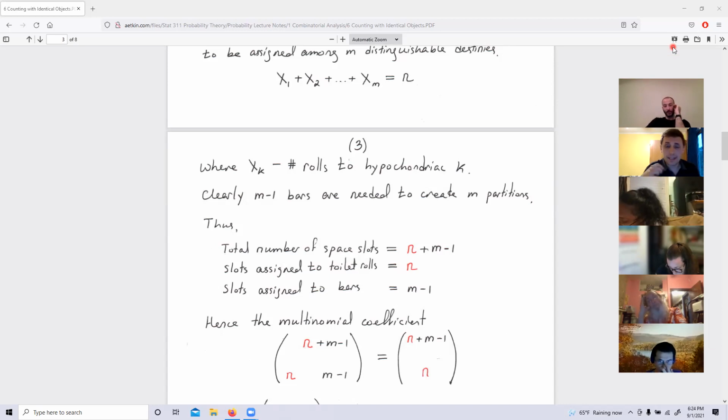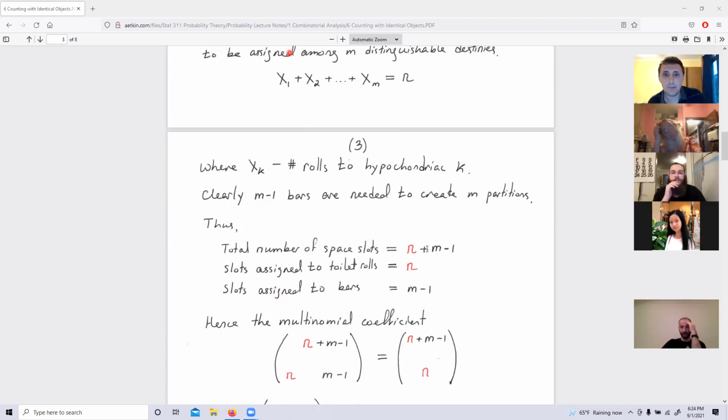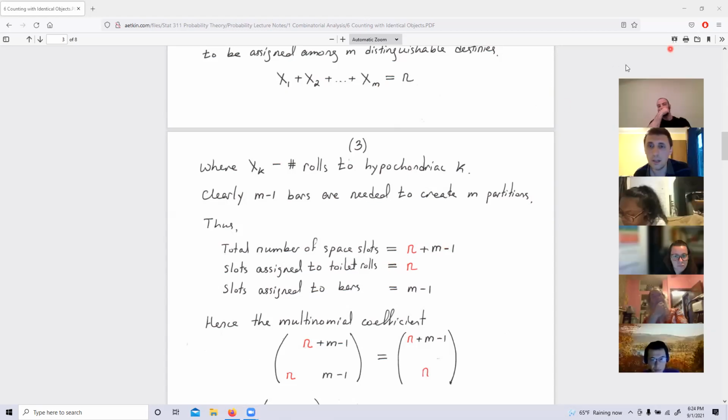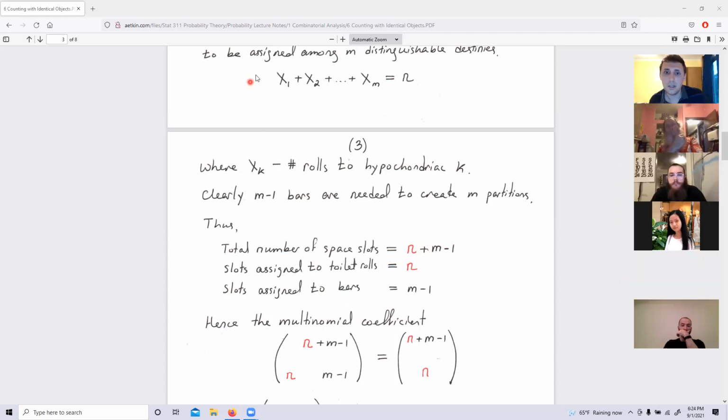So m minus 1. Do you see why minus 1, guys? So altogether we have n plus m minus 1 spaces. Each space is either a 0 or a 1. If it's a 0, the space is assigned to hold an object, and if it's a 1, it's assigned to be a divider.